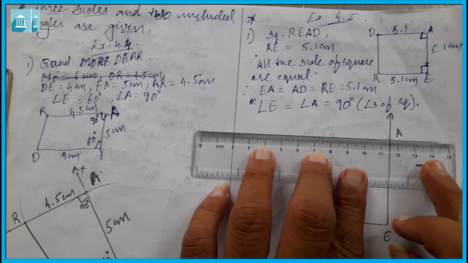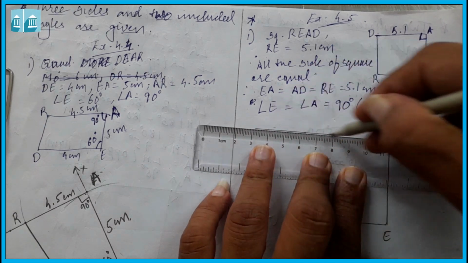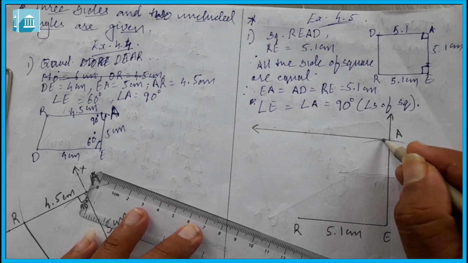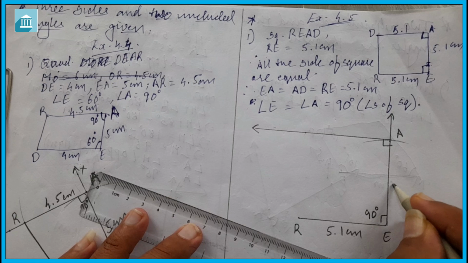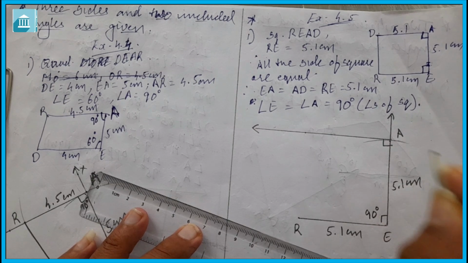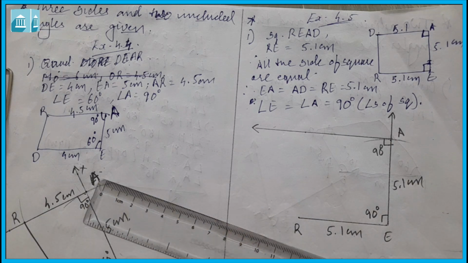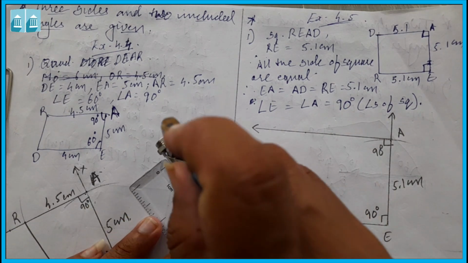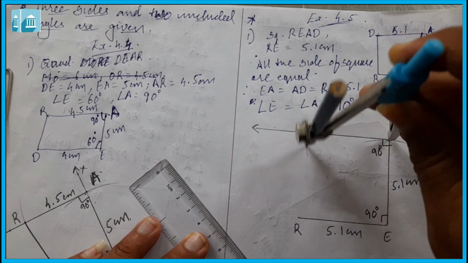There we can draw one arc like that. This is 90 degrees, this is 90 degrees, this is again 5.1 centimeter, this is again 90 degrees. Now again with center A and radius 5.1 centimeter, we can draw one arc like this.